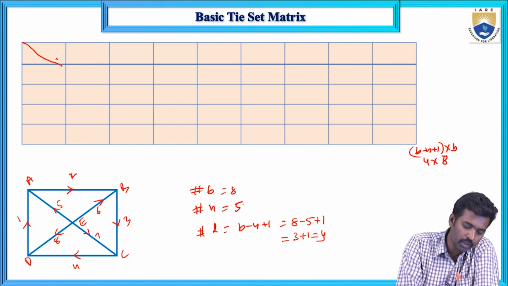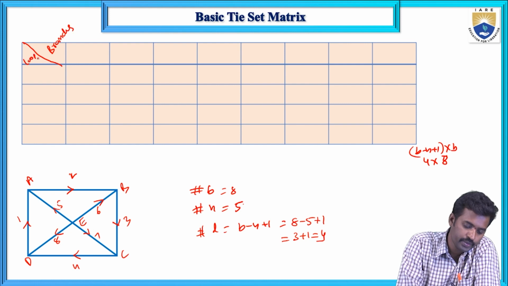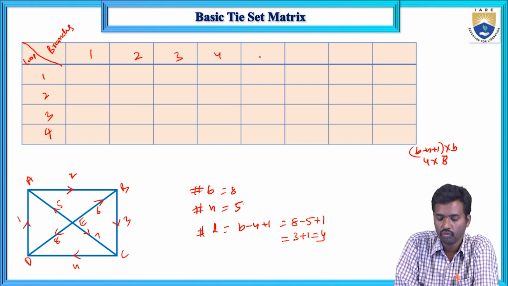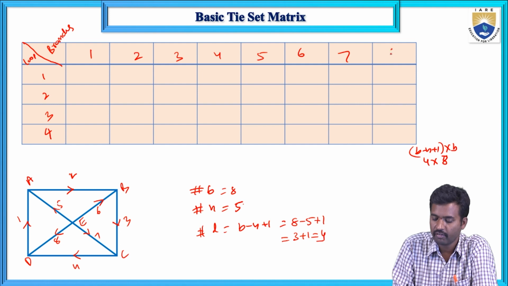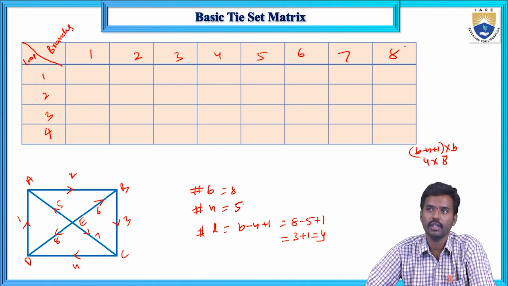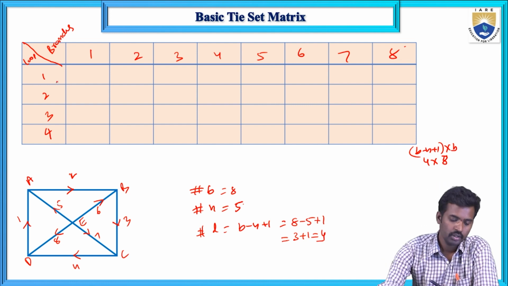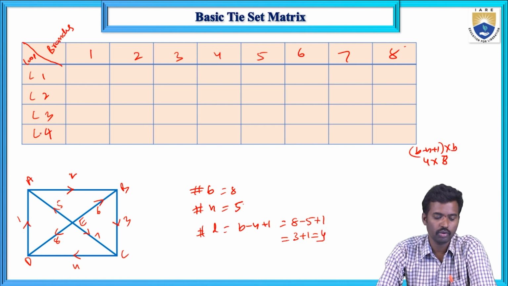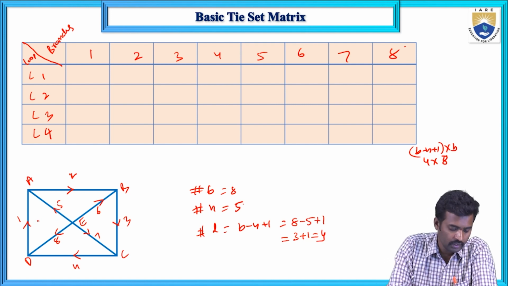So now these are the branches and loops 1, 2, 3, 4. This is 1, 2, 3, 4, 5, 6, 7 and 8. Total number of branches is 8. Now here loops are links 1, 2, 3, 4. Now here this is loop 1, loop 2, loop 3 and loop 4.